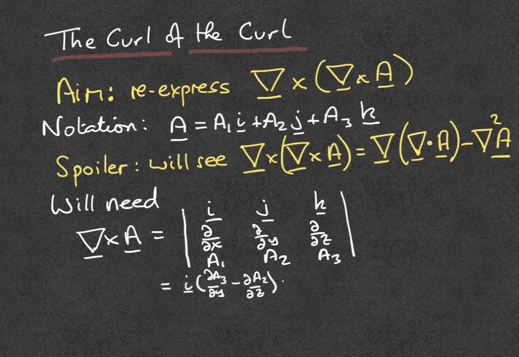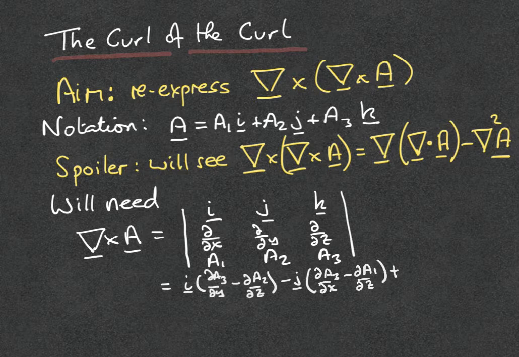We then go along the top row, we put in a minus sign, and in the j direction we now expand, ignoring this row and this column, and what we obtain is dA3 dx minus dA1 dz.